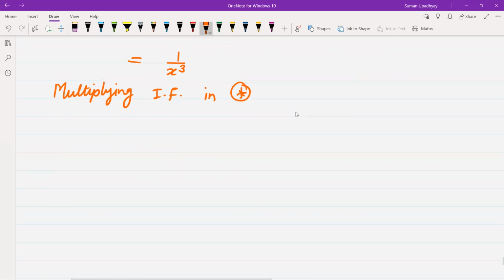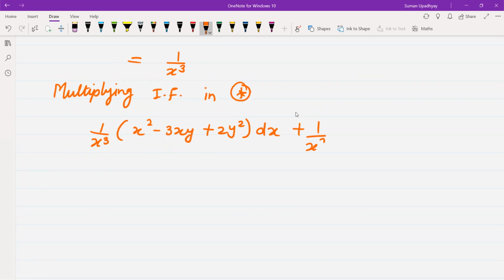So you have to multiply: 1 upon x cube, (x square minus 3xy plus 2y square) dx plus 1 upon x cube. I have to multiply the integrating factor to my given differential equation, which is what I'm doing over here.